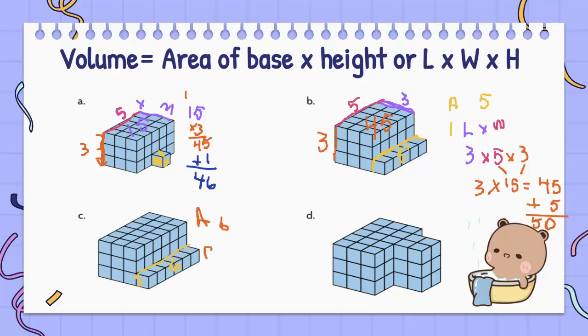B is going to be, let me choose the same color so you guys can see it. Again, I'm going to look at this side, which I counted up, and that is 3. And then our width is going to be this side right here.